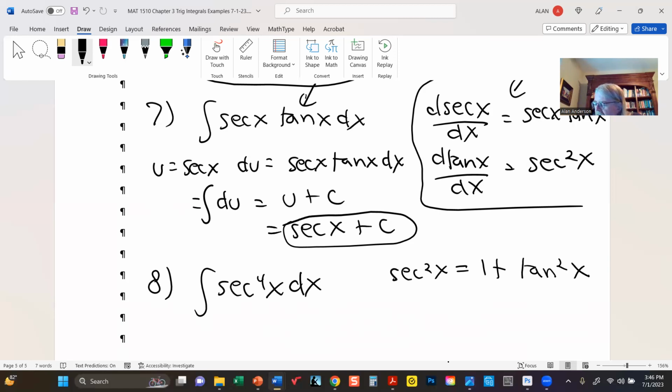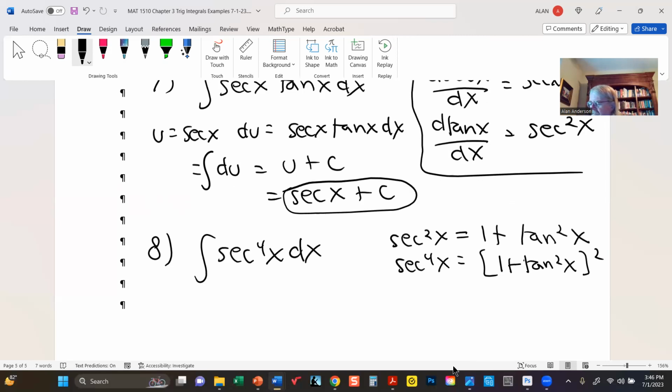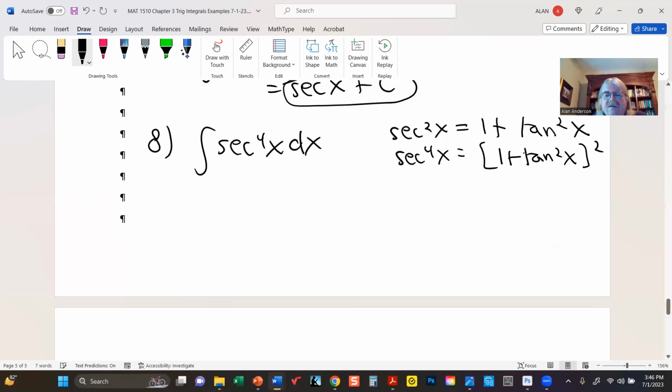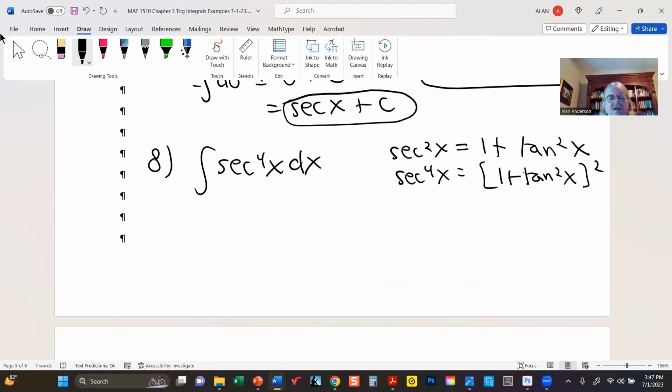So what we could do is rewrite this as, and when you apply FOIL, actually, we may not need FOIL for this one because, all right, let's hang on to that one. I'll just leave it like this. I think a better strategy, because when we're done with that, we're going to have a bunch of tangents and we won't have the correct du. So instead, let's try this.